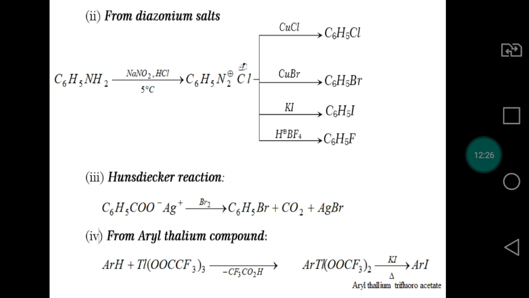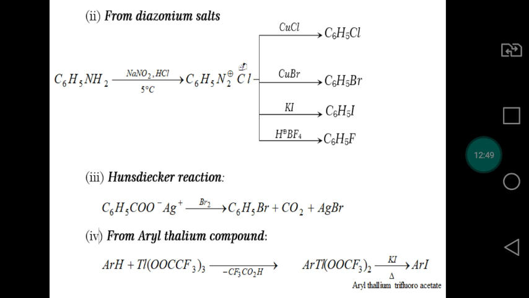Suppose we add CuCl or CuBr, then the reaction is known as the Sandmeyer reaction. If we add CuCl we will get chlorobenzene, and if we add CuBr we will get bromobenzene. To get iodobenzene we do not need any name reaction. We just add KI and we will get iodobenzene.